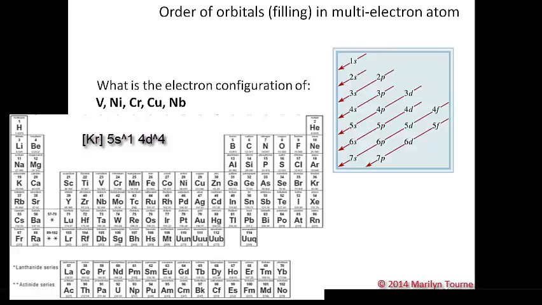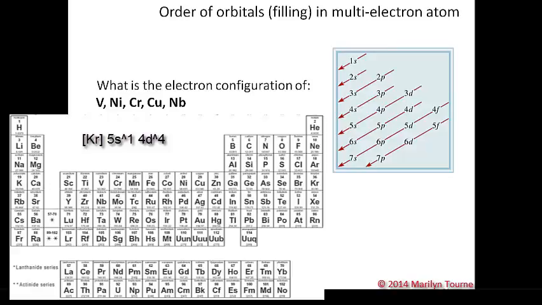One exception that I've showed you right there is element number 41, niobium. It's 5s1 4d4. You would expect it to either be 5s2 4d3 or maybe 5s0, like both electrons get promoted to the d subshell, making it 4d5, but it doesn't. It's completely odd, 5s1 4d4, and maybe it has to do with the fact that there's less repulsion within this s subshell.